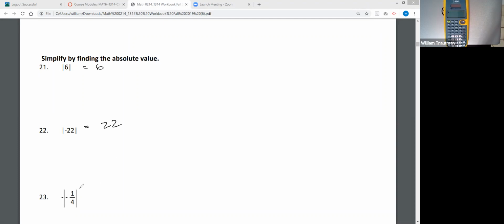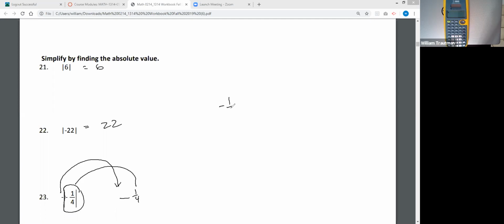Now look at this. Order of operations says do what's in the parentheses first. So the absolute value of negative 1/4 is positive 1/4. Whatever's in there comes out as a positive. However, look, in front of the absolute value there is a negative. So the answer to this is negative 1/4.